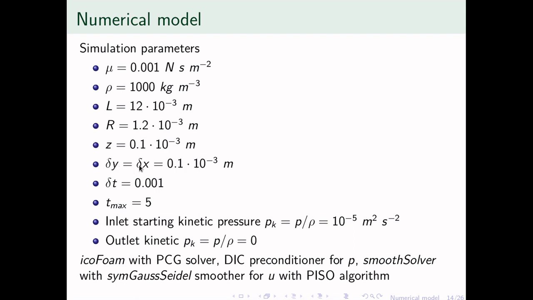These are the grid dimensions here. Delta y and delta x were fixed at 0.01 times 10 to the minus 3. Delta t was 0.001, and the maximum time was 5. The inlet kinematic pressure started at 10 to the minus 5, and then was increased tenfold until instability developed.